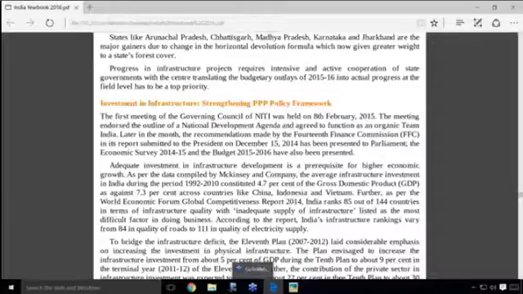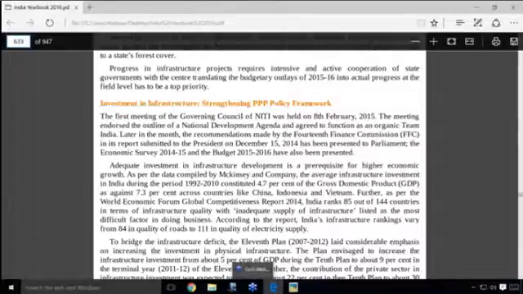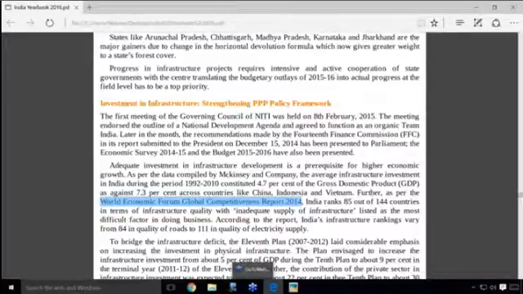In this second paragraph, 6th line, can you see? World Economic Forum Global Competitiveness Report. So UPSC may ask you, Global Competitiveness Report is given by whom? If they give United Nations, IMF, World Bank, most of them will go for IMF and World Bank and not for World Economic Forum. So please be careful on this.